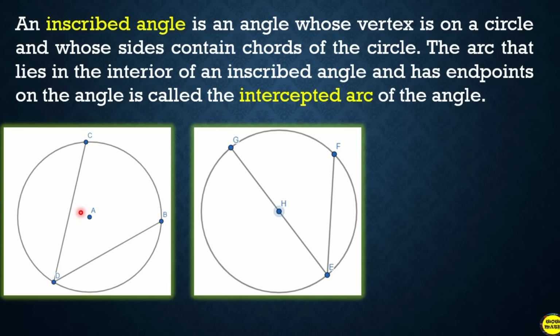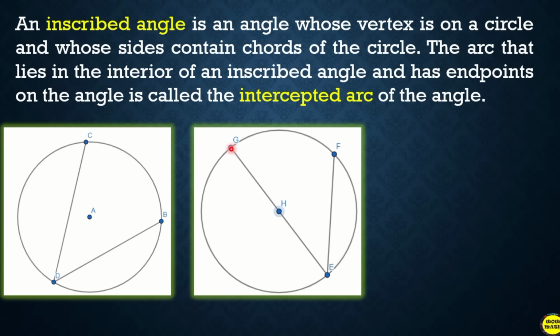Another figure, class. We have three cases of inscribed angle here. In the second figure, angle GEF is the inscribed angle, and this is its intercepted arc, arc GF or arc FG. In this figure, we can see that one side of the angle is the diameter of the circle.